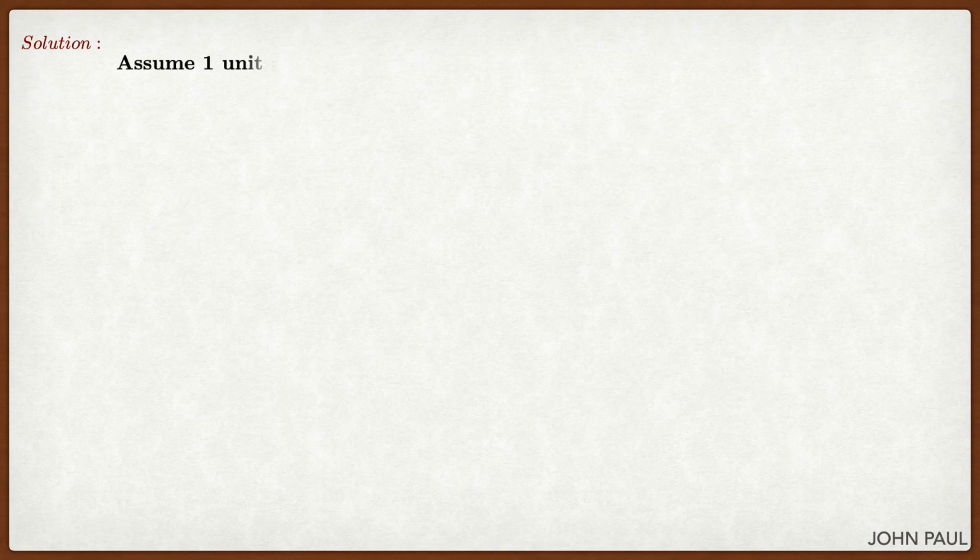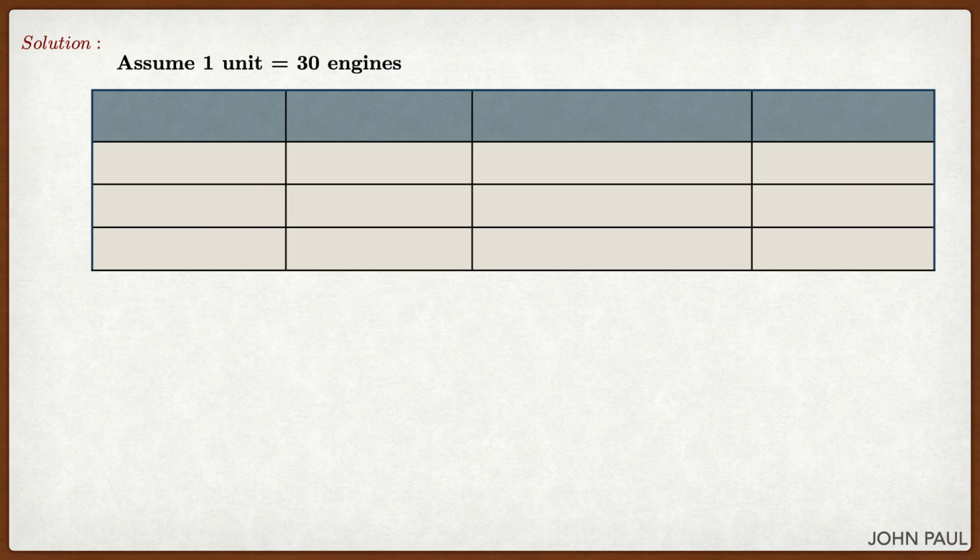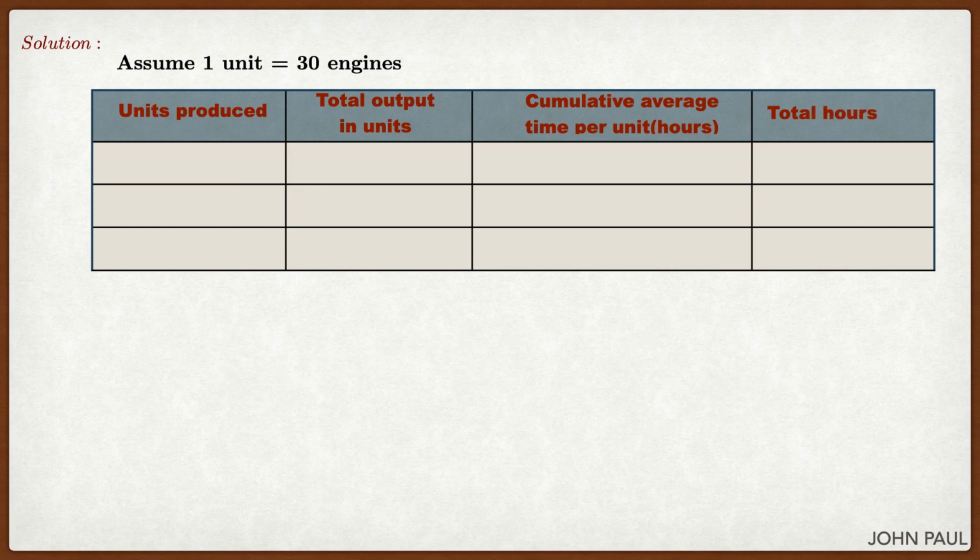Solution: let us assume 1 unit equal to 30 engines. Draw the table. Units produced, total output in units, cumulative average time per unit in hours, and total hours.